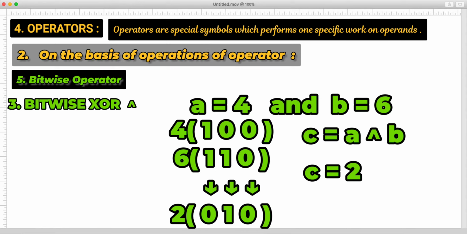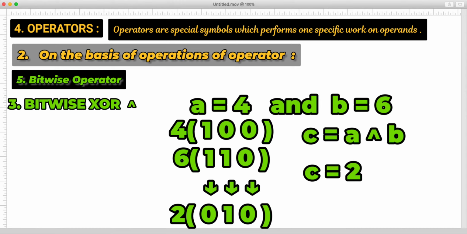Now here 0 XOR 1 will be equal to 1 as one of them is true, and 0 XOR 0 will be equal to 0 as both of them are false. So the binary code here we get is 010, and the decimal equivalent of 010 is 2. So here now the value of C will be equal to 2.